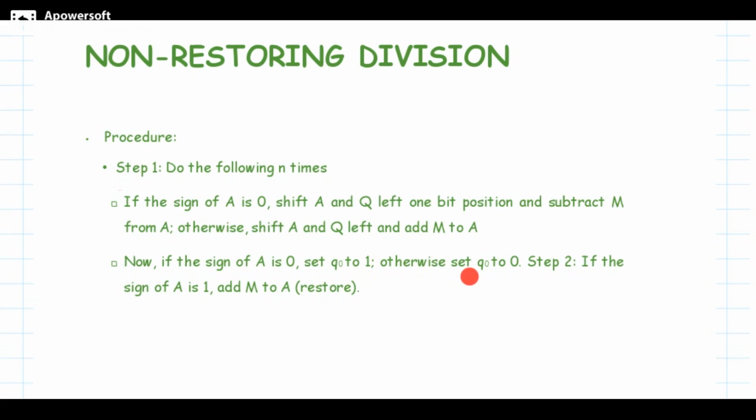Otherwise, Q0 will be set to 0. If the sign of A is 1, add M to A. That means restore operation.